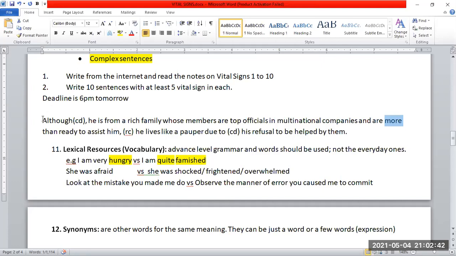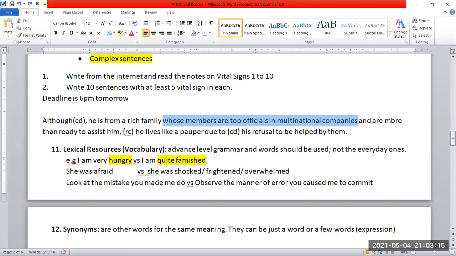Although is a question device. If I extend that up to this point, I would have written a subordinate clause. And I'm starting from here, I'm starting another. Whose is signaling the beginning of a relative clause to this point, where some kind of complete sense is made.